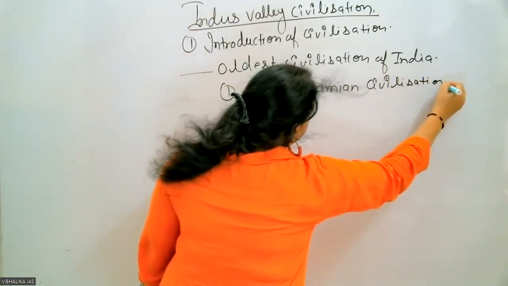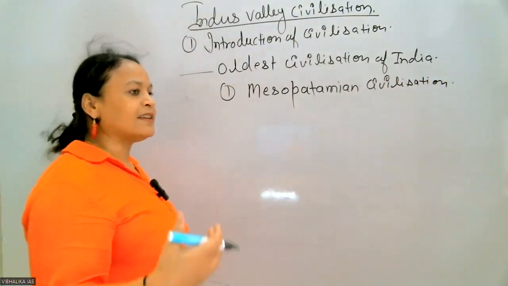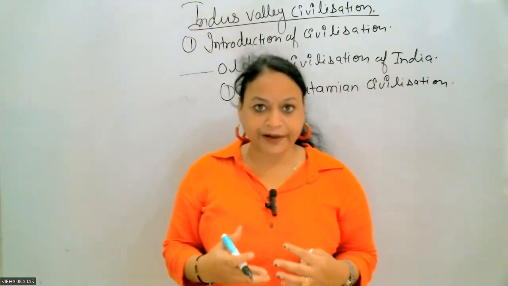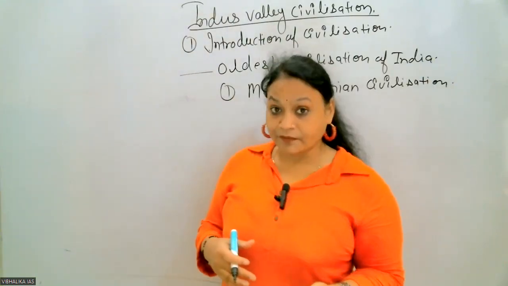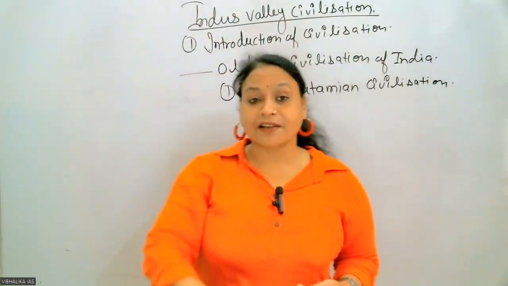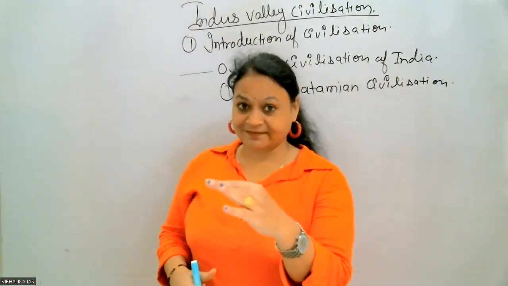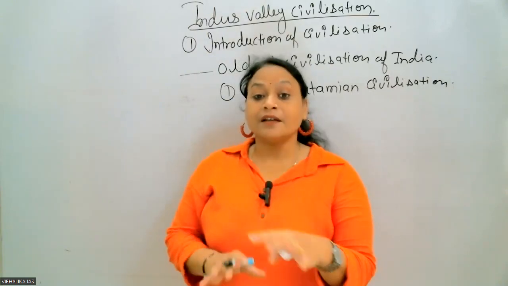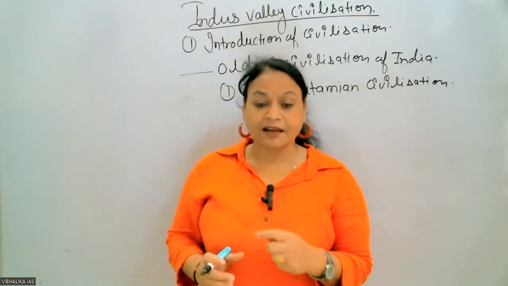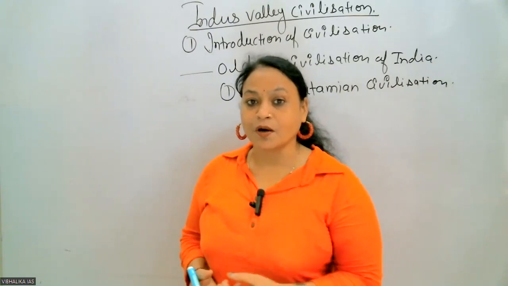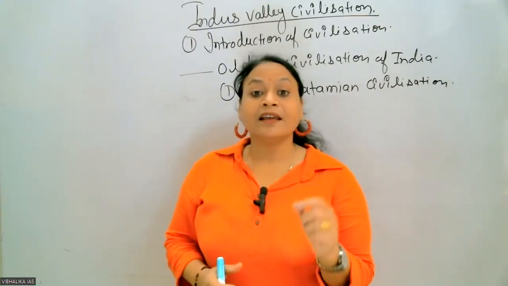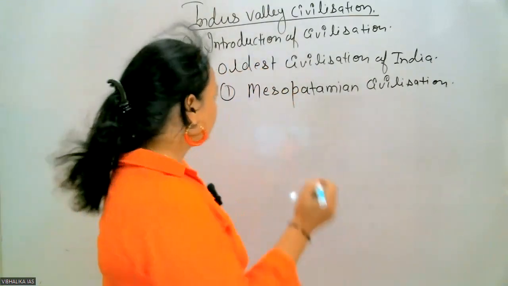You know, students, Indus Valley civilization is situated on the Indus and its tributaries, right? At the same time, the Mesopotamian civilization was situated on the rivers Tigris and Euphrates, in Hindi called Dajla and Furat, and currently it is situated in the Iraq region, right?